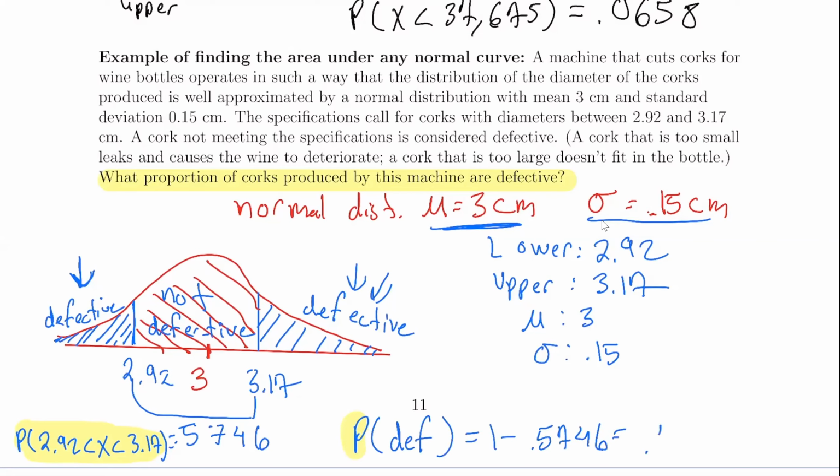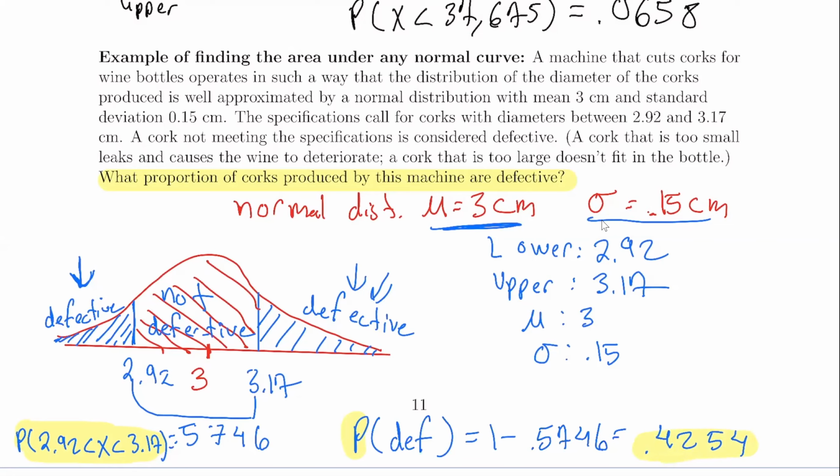Then you get 0.4254. All right, so that's our final answer. So the probability that we get a cork that is either too small or too big is 0.4254, or 42.54%. And that's it for that last problem.